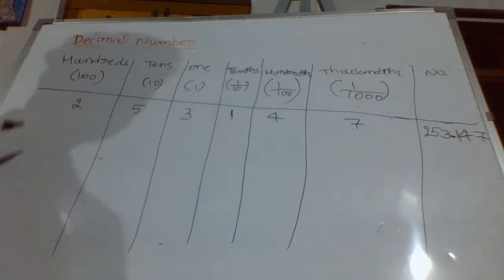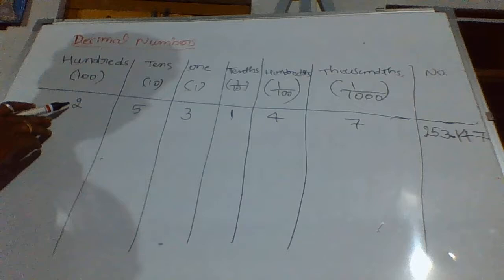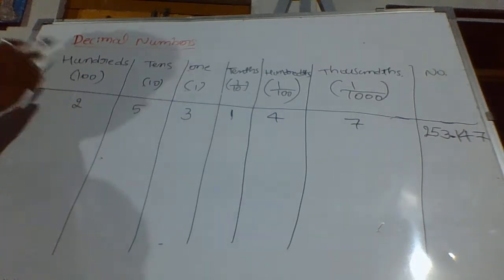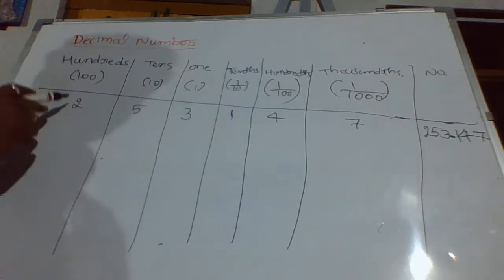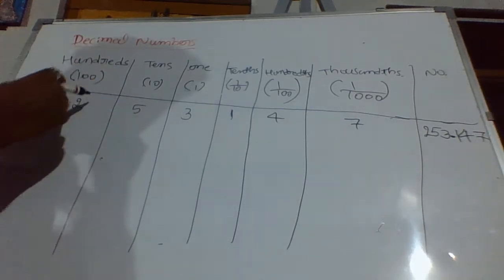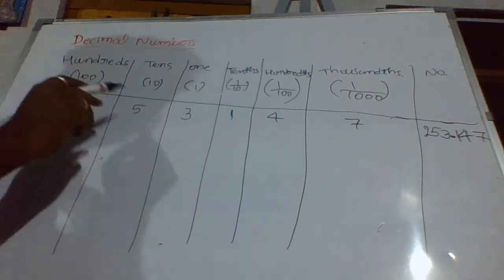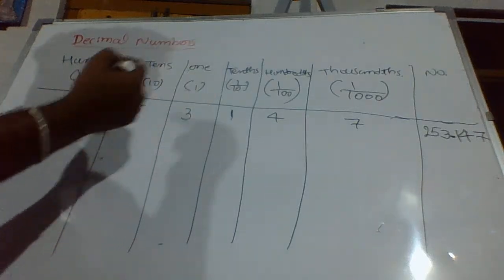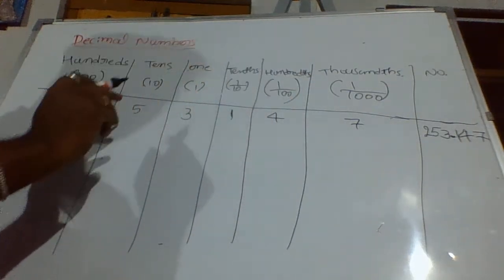By observing these numbers we can write the number. How? The 2 is at the hundreds position, so 2 into 100 gives 200. The 5 is at the tens position, therefore 25, and the 3 is at the ones or units place, therefore 253. Therefore 253 point. All these numbers come after the decimal point.